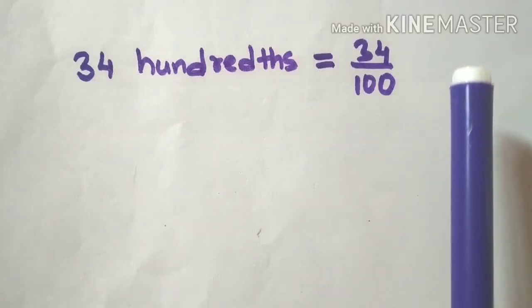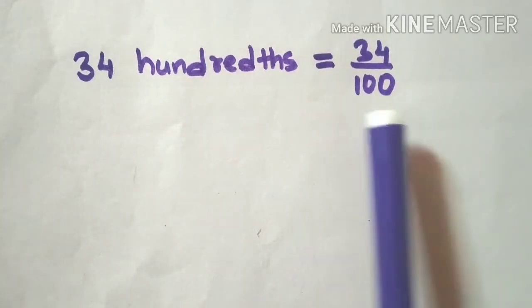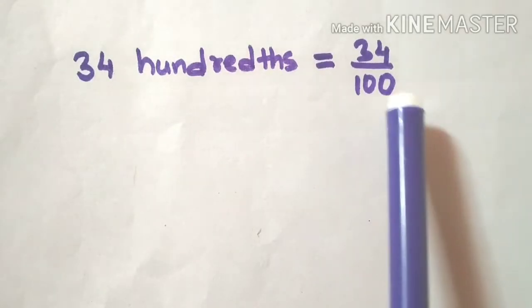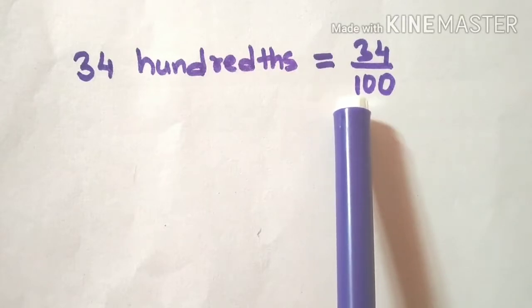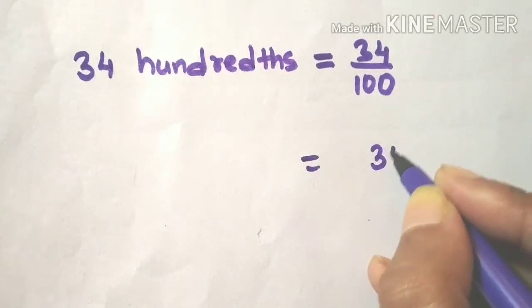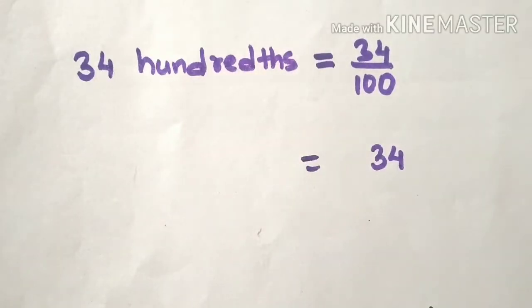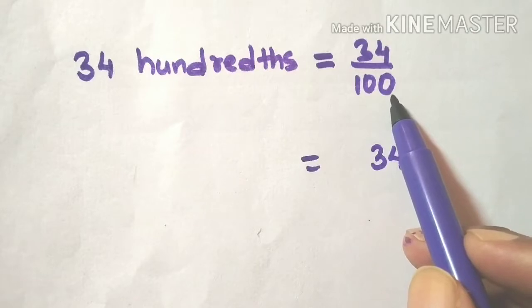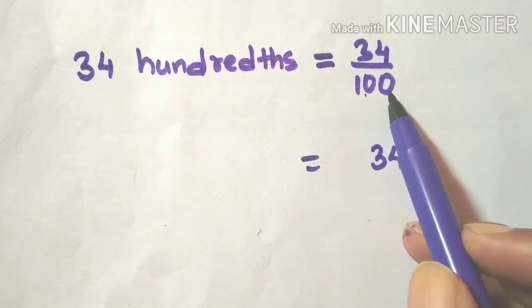Students, 34 by 100 means 34 hundredths. Now, in order to write this as a decimal, we will first write the number 34 and we will count how many zeros there are in 100. There are 2 zeros in 100.